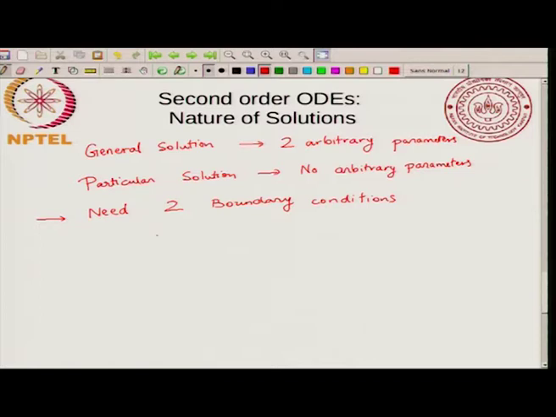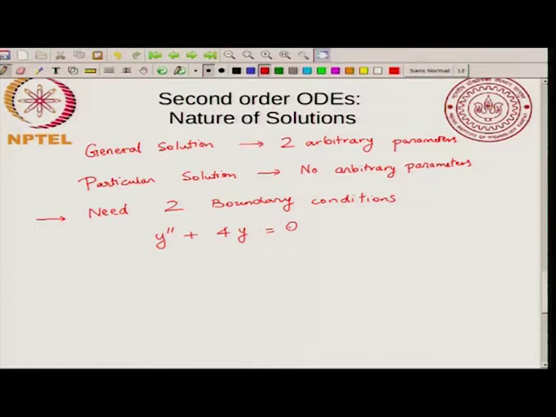Let us just take one example to illustrate this point. If I take y double prime plus 4y equal to 0, this is actually a simple harmonic oscillator, only instead of d by dt I have d by dx.